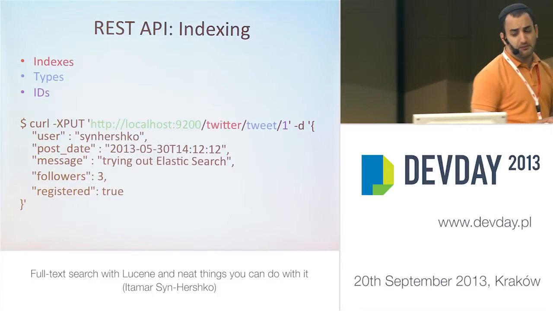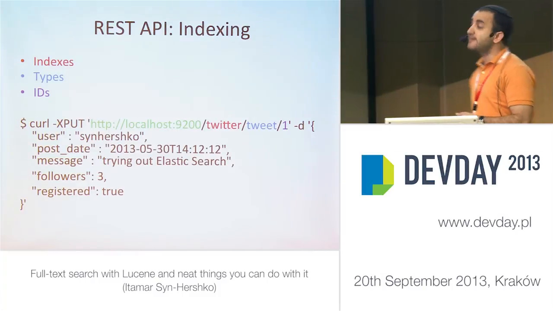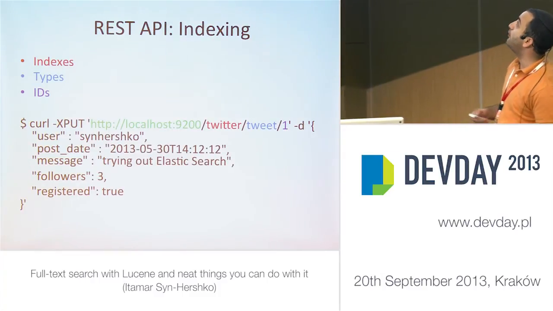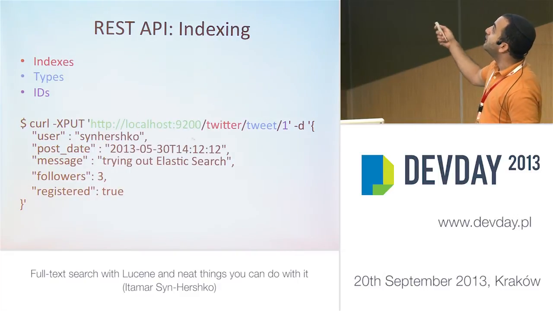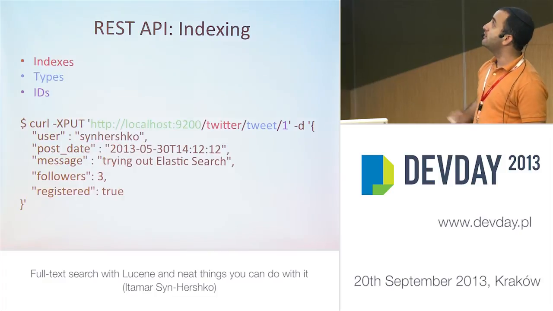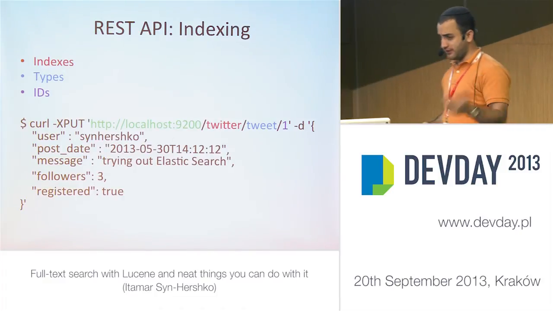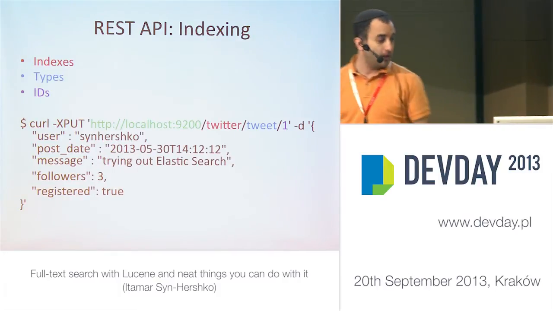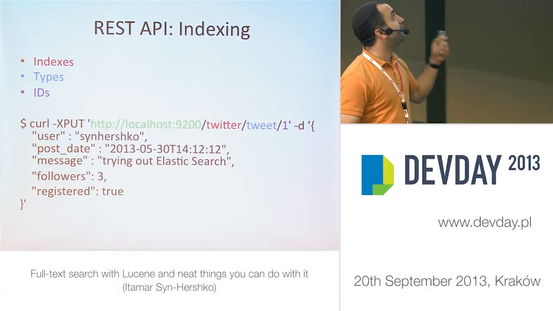So here's the REST API. Basically, every Elasticsearch node endpoint is going to look like that. You would have the actual server listening on a certain port, so this is 9200. It's usually the default HTTP port Elasticsearch is listening on. And then you would have two things.